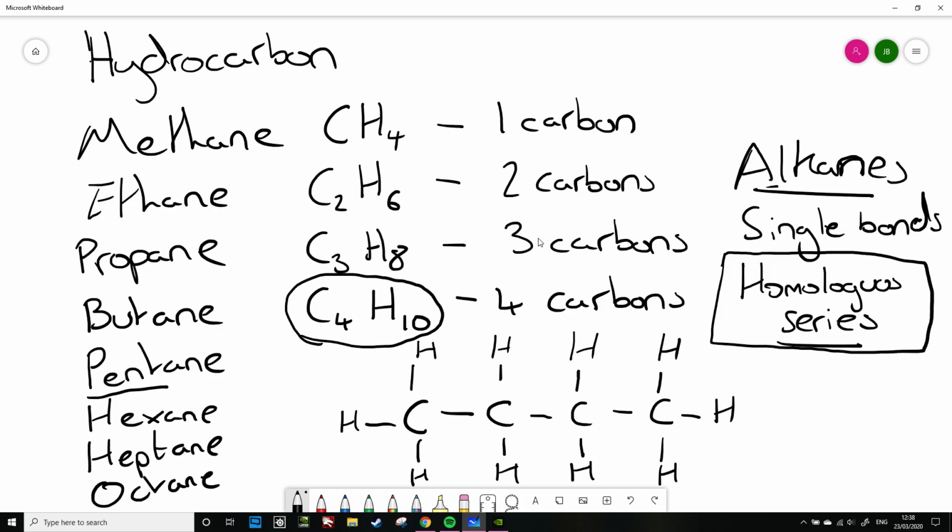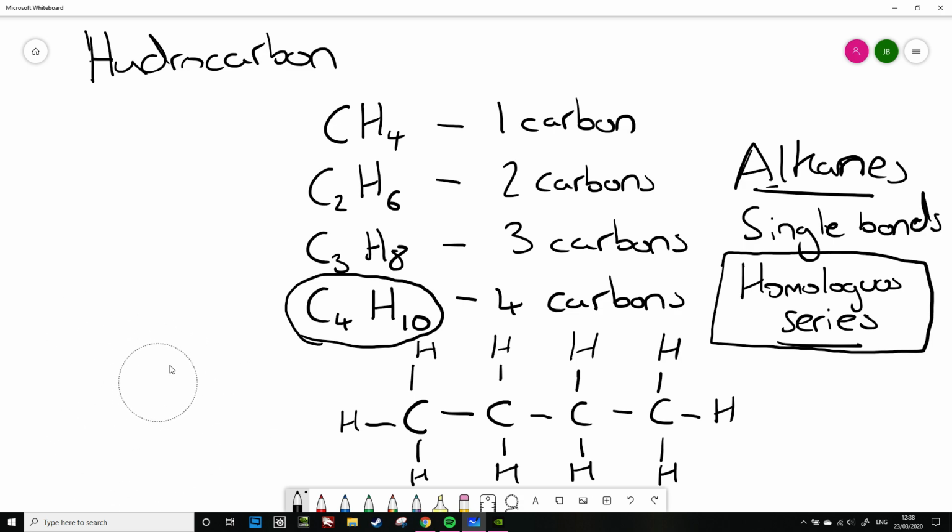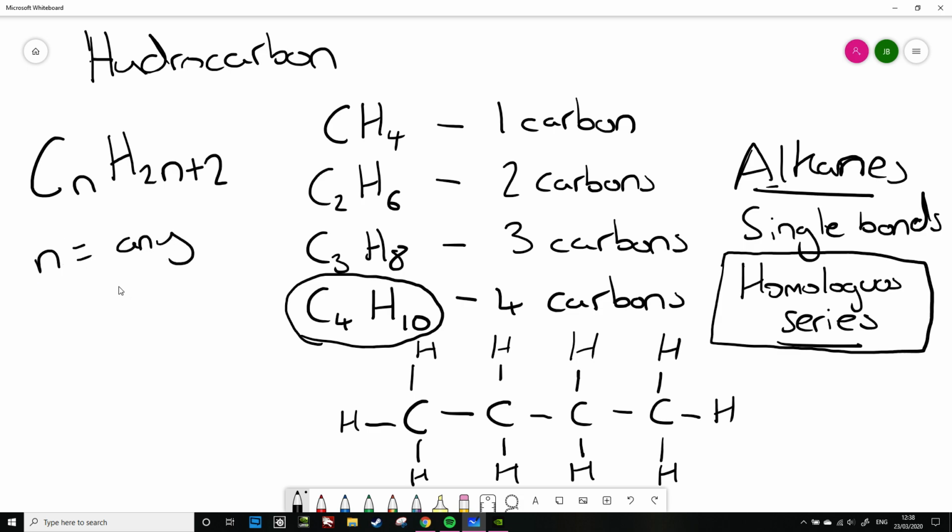Okay? Next, we will move on to what we call fractional distillation. One thing before we move on, there is what we call a general formula for all of these, and this is CnH2n+2. Now, n equals any integer or any number.